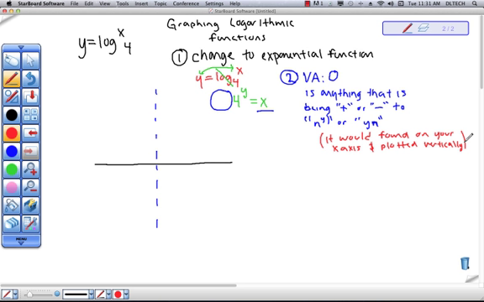Okay, now that we plotted our VA, our next step is our table. It should be x, y. The numbers we are going to be using are -2, -1, 0, 1, and 2.